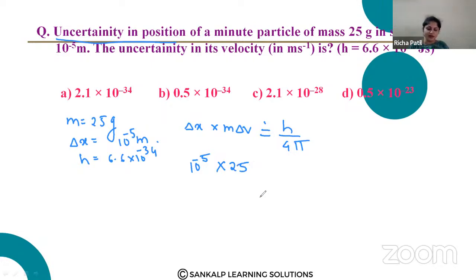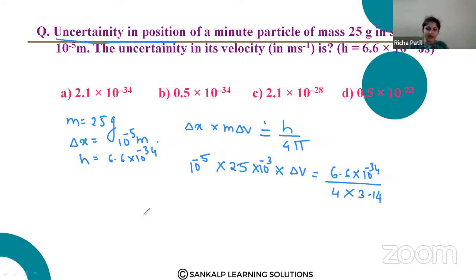So this you have to convert into kg. It is 25 into 10 raised to minus 3, since a gram is 10 raised to minus 3 kg. So this into delta v. We have to find delta v. h is 6.6 into 10 raised to minus 34 divided by 4 into pi value, which is 3.14.